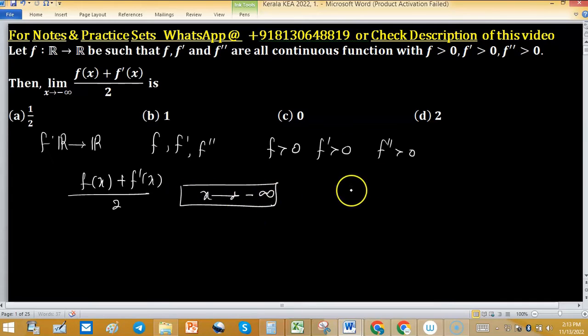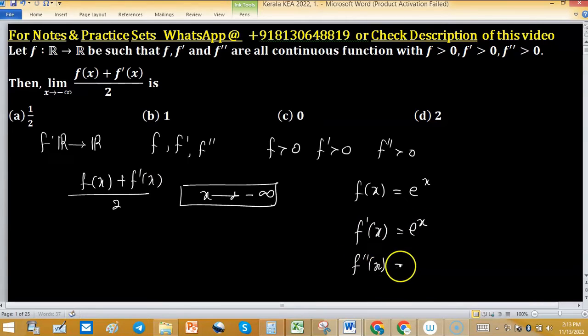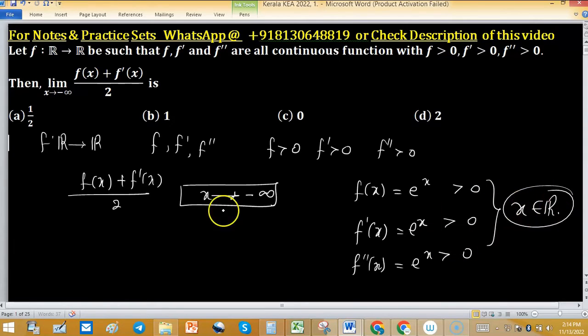So if we consider function f as e raised to the power x, the exponential function, then f prime x equals e raised to the power x, and f double prime x is again e raised to the power x. All these are greater than 0, whatever the value of x coming from the set of real numbers.